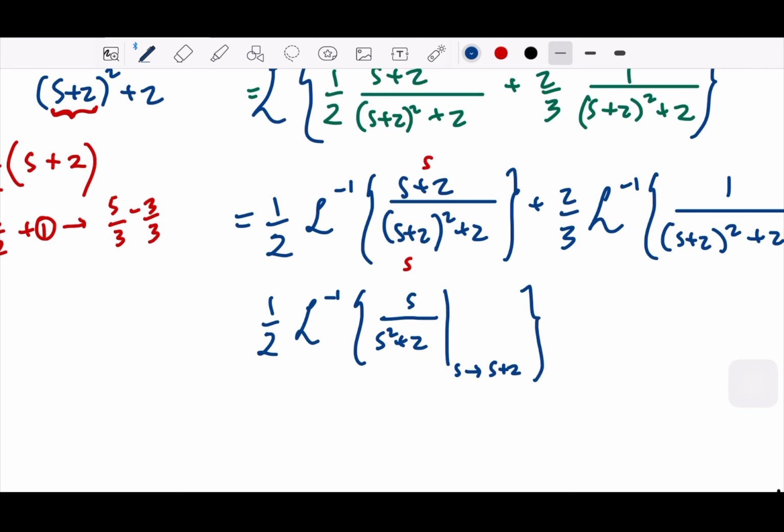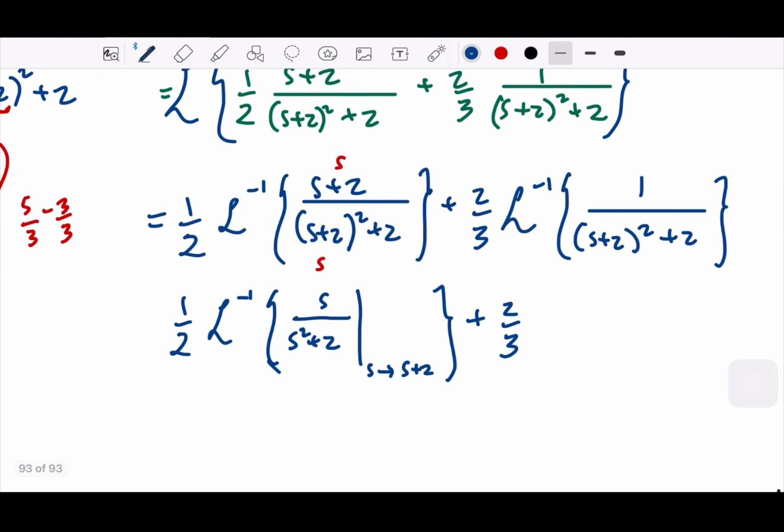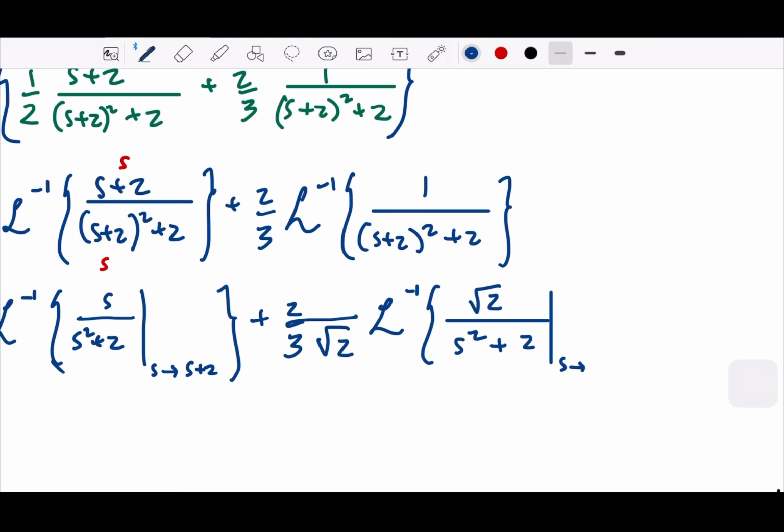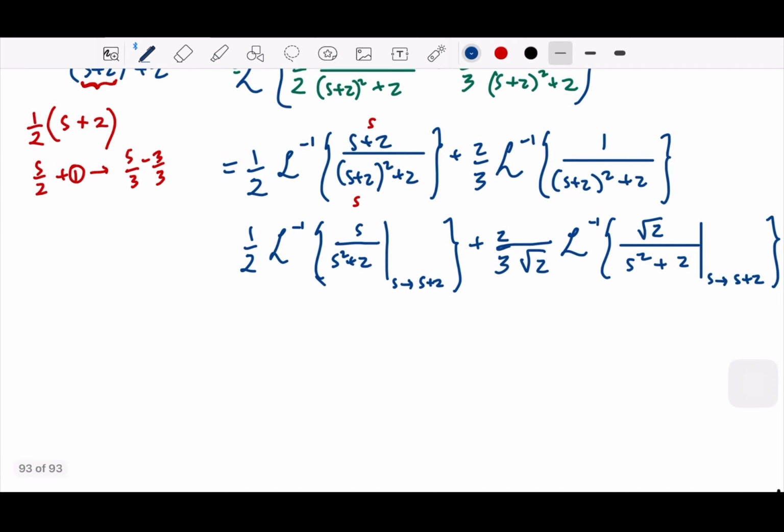Okay, and then plus 2 over 3, and because we have 1 and this is square root of 2, we need to make sure that this constant 1 is multiplied with square root of 2. So we need to take that square root of 2 down here. And we say that this will be from s to s plus 2, right?